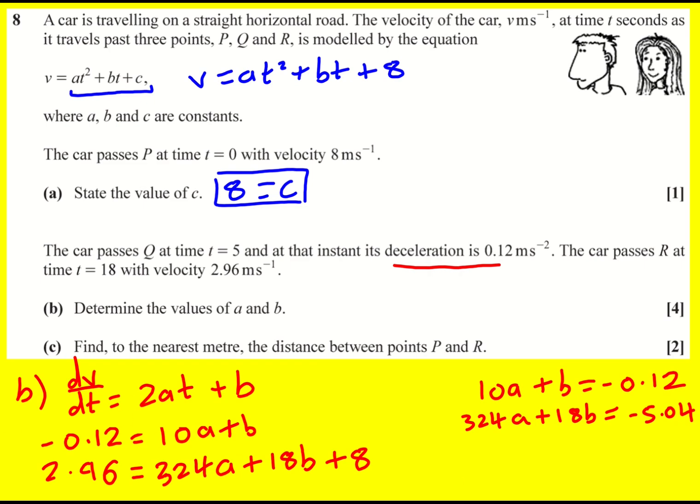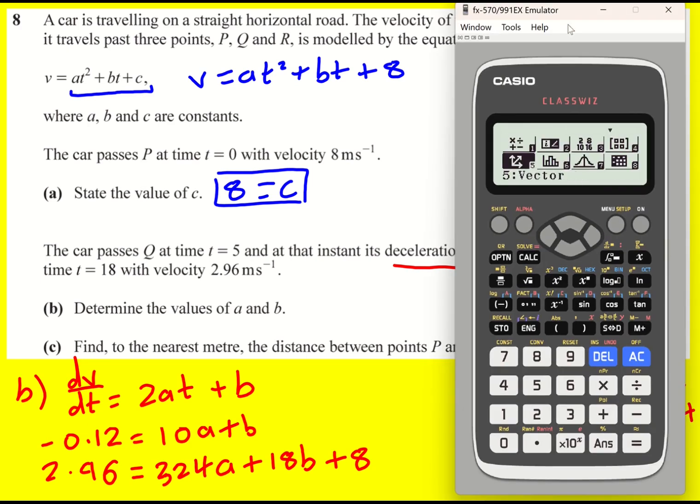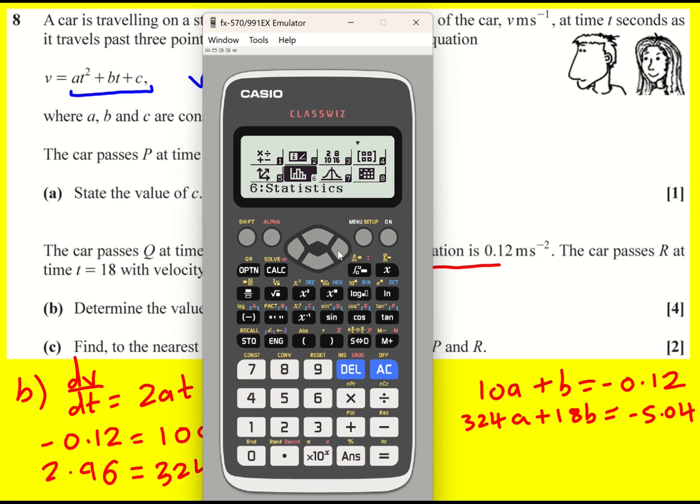Okay, this is typically how you set up simultaneous equations when you're using elimination. This is a mechanics paper, so we don't need to show any working. We can just use the simultaneous equations function. Here we go, two unknowns. So x is going to be our a. Right, so a is minus 0.02.